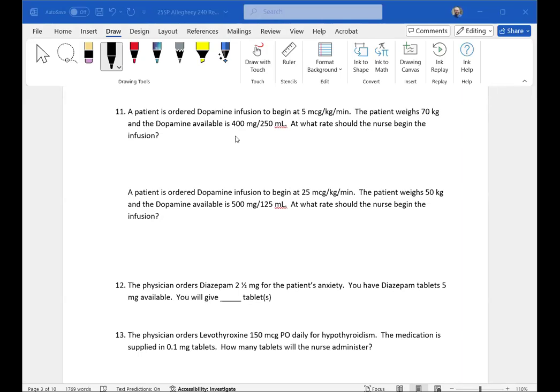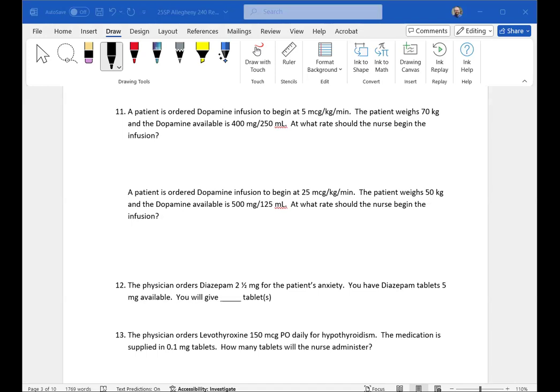The trick with this question is that we have to account for the patient's weight, and we also need to deal with the fact that you have micrograms and minutes, and you need to get everything to milligrams, then eventually milliliters per hour. So we have to do some converting here.